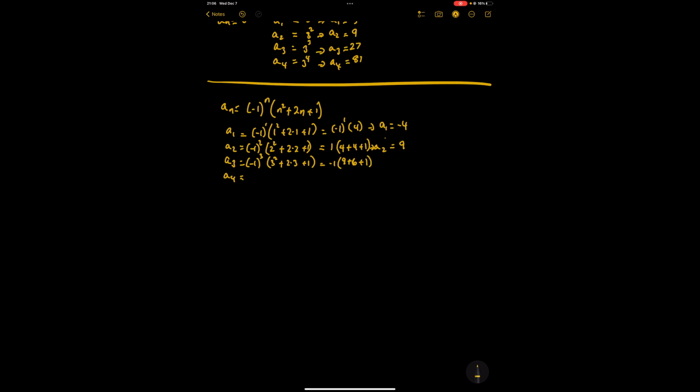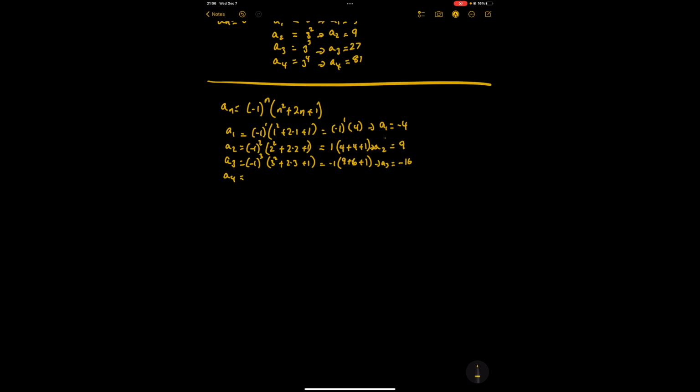So 9 and 6 is 15, plus 1 is 16. So a3 is equal to negative 16. So I was wrong on that one. It's not what I was thinking.